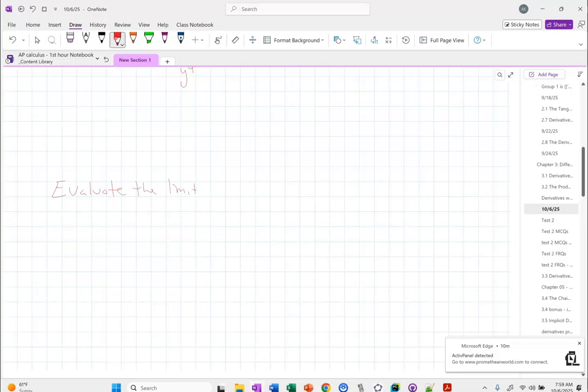Okay. But where this might come in handy, if we ask you to evaluate the limit as h approaches 0 of this expression, that looks like a nightmare, right?